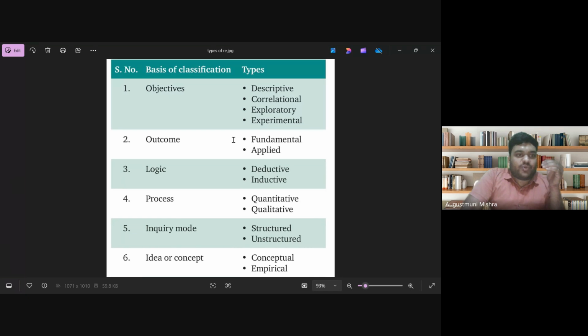If I'm doing a pilot study on the small scale industry, what I'm going to do is investigate whether the particular small scale industries are helping the people over there or not. I'm just going to explore the things.